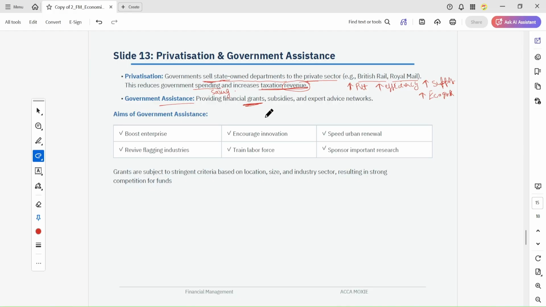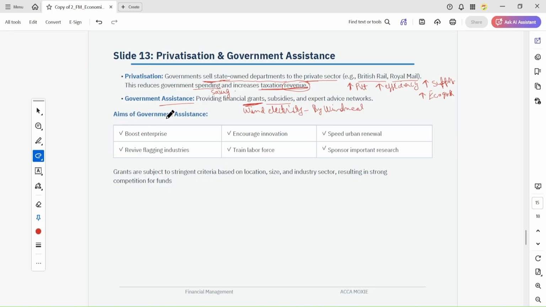If you are a producer of green electricity, like wind electricity by windmill, the government may give you a grant for that because it is a government-friendly activity. So the government will give you some grant and also subsidies to buy the windmill. Okay, so this is the government assistance.